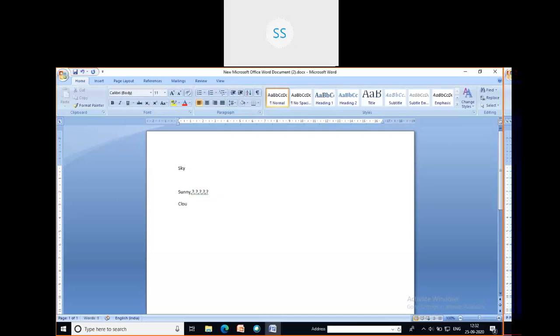It can be cloudy, followed by these things. And for the third one, it can be rainy, or it can be anything, a question mark, followed by the rest.